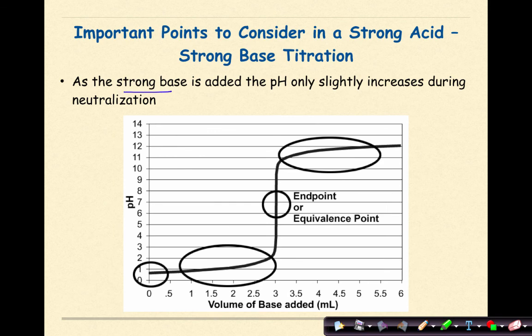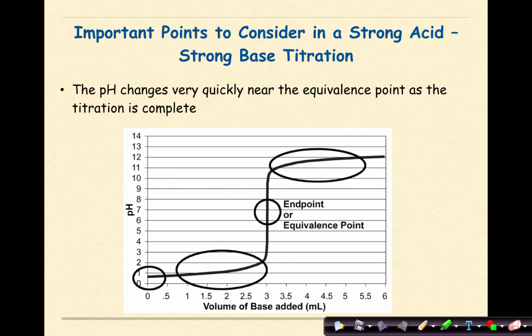As the strong base is added, the pH only slightly increases during neutralization. So now we're referring to this area right here, which is known as the buffer region. This is the point where the acid is beginning to neutralize the added base.